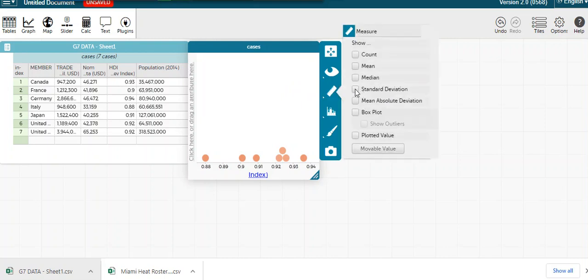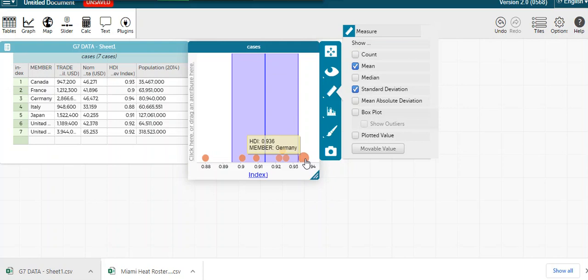We can do standard deviation. So the mean would be 0.914, and the standard deviation is 0.0189. You might as well say 0.02. So from 0.894 to 0.934, roughly, would be where 2/3 of them live.